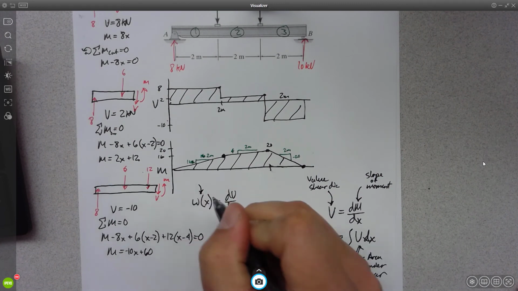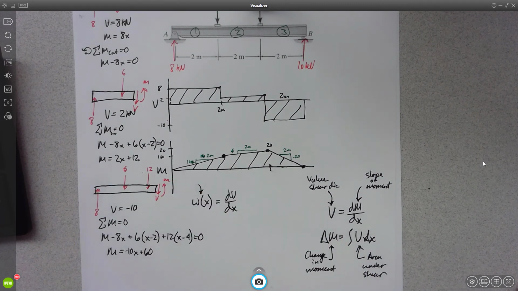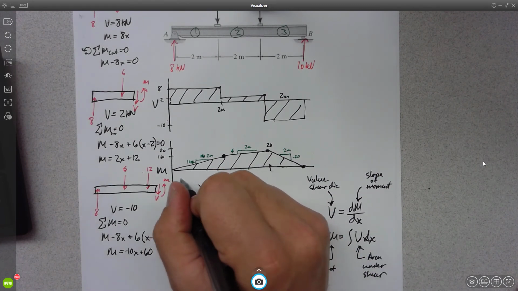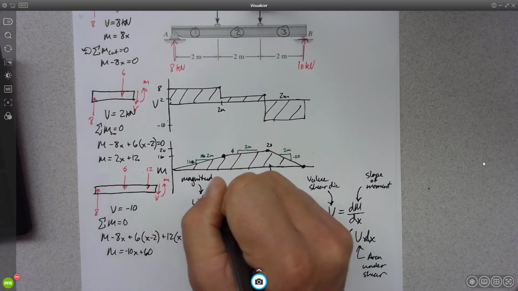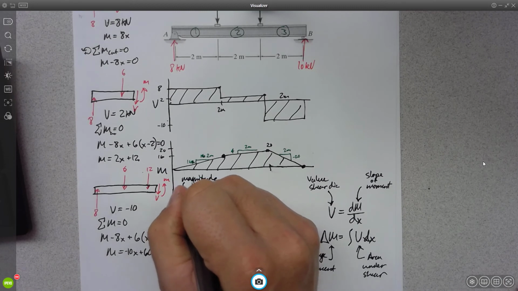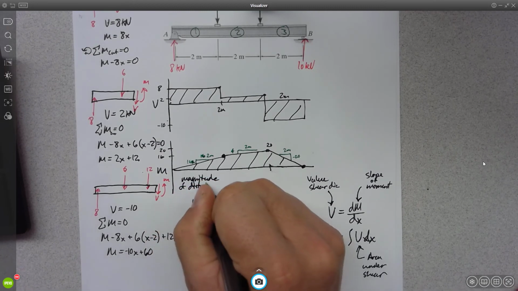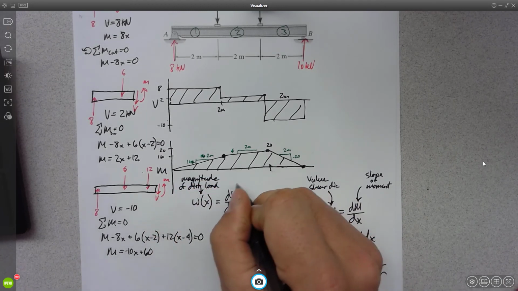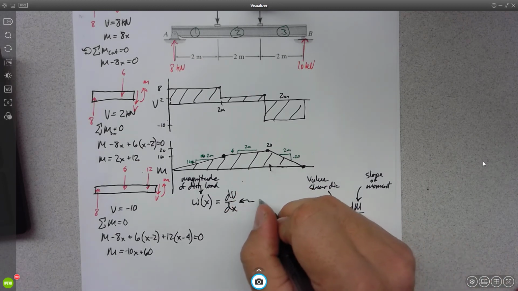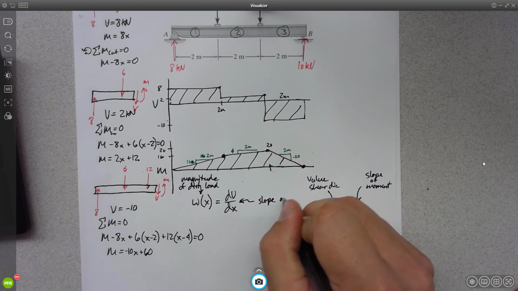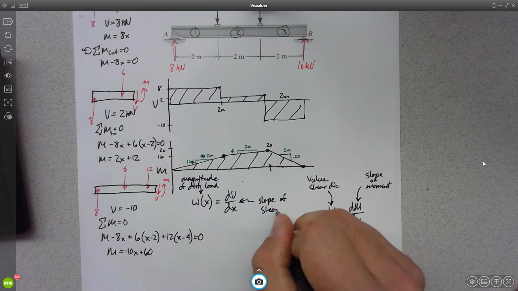This is the magnitude of distributed load gives you the slope of the shear diagram.